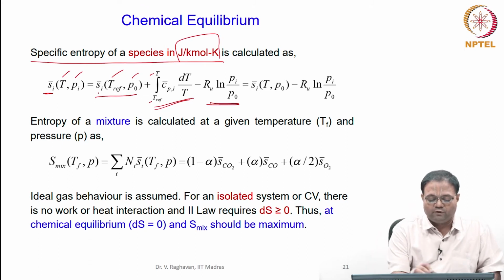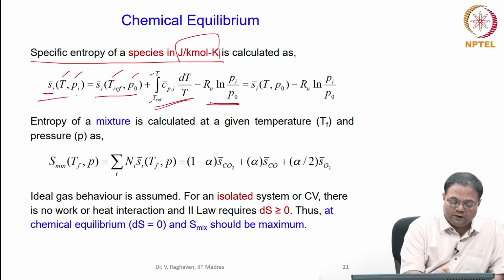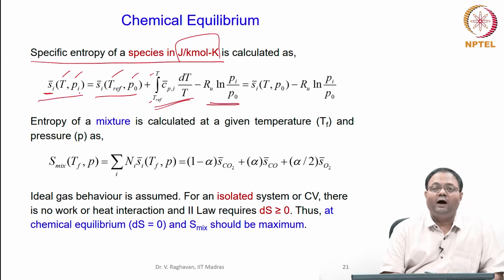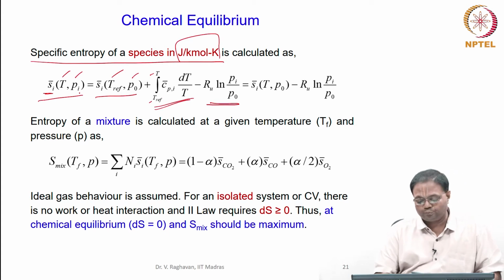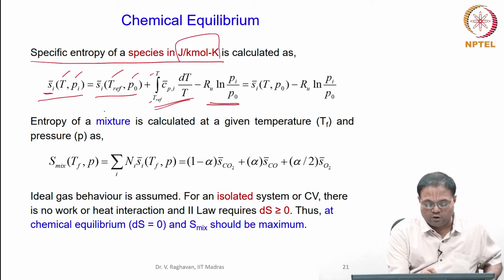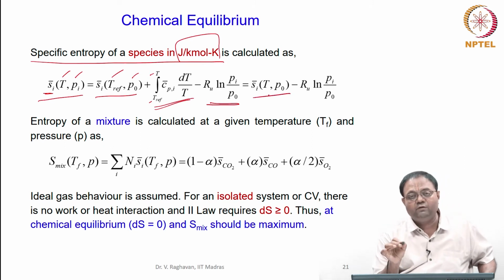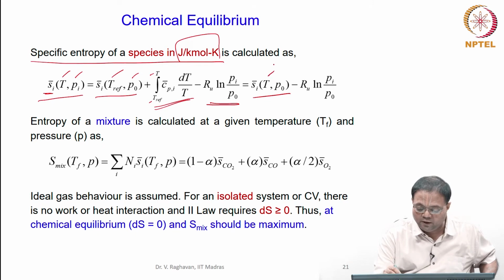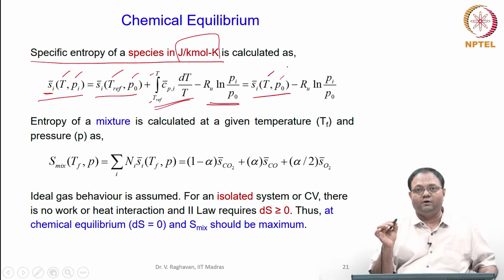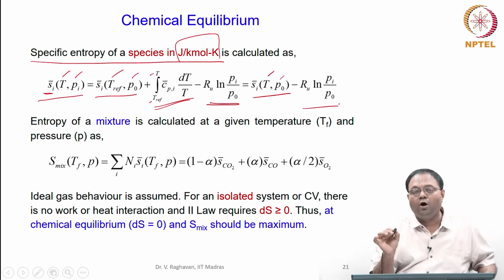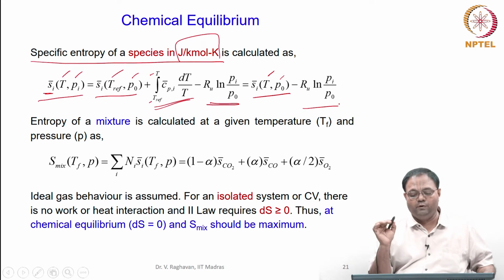So these additional terms are added to get the entropy of a particular species at a particular temperature T and its partial pressure Pi. Now the first two terms are clubbed as the entropy of the species at the given temperature T but at atmospheric pressure, then add the pressure dependence here, minus Ru ln Pi by Po.